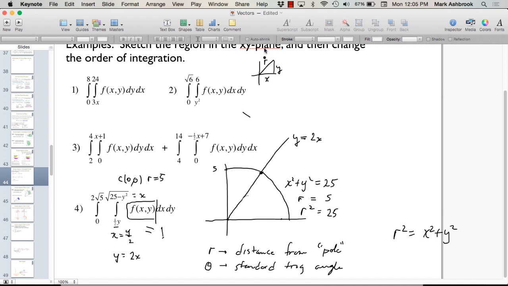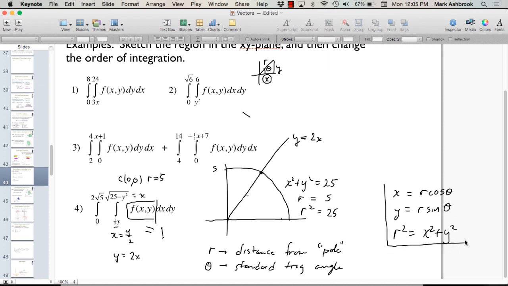Okay, what else? This is our angle theta in polar coordinates, our standard trig angle. So what does x equal? r cosine theta, right? Because cosine theta equals adjacent over hypotenuse. So x is r cosine theta, and then y is? Well, that's easy if you know x, right?